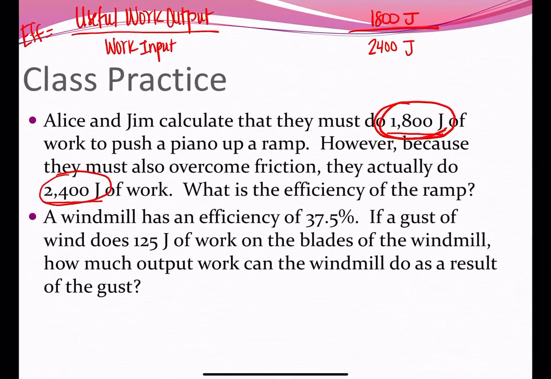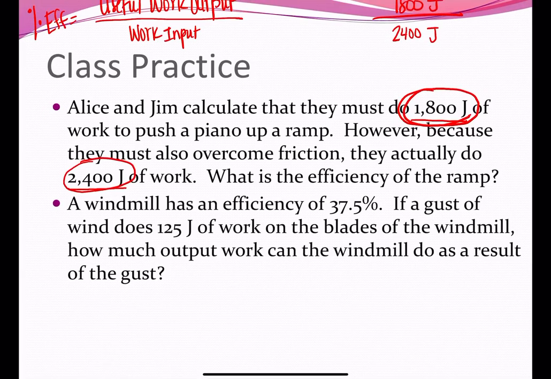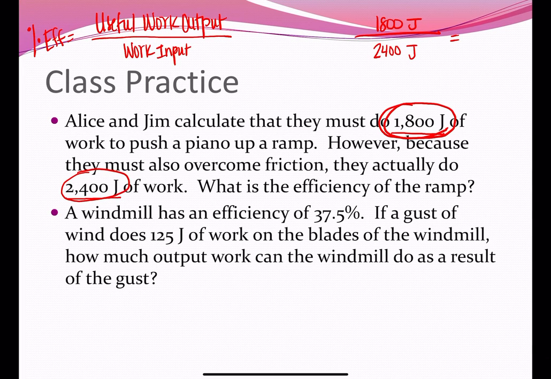So this is going to be 0.75, or we would say 75% efficient. And that is how you would work that calculation, okay? Again, that was our right answer because it's less than 100. Our big number went on the bottom, our small number went on the top, just as we talked about.